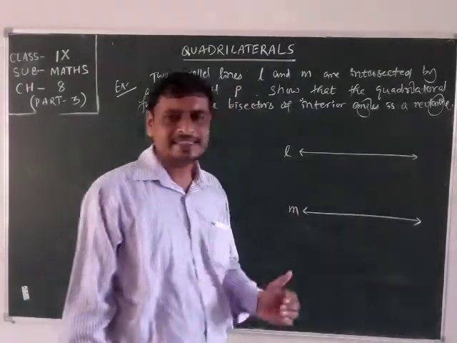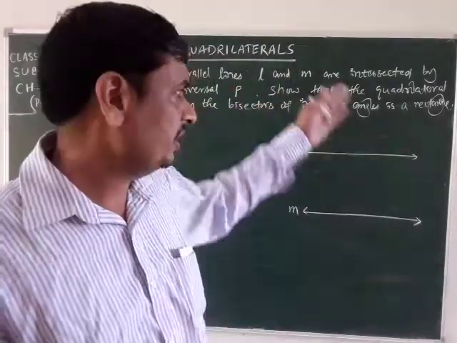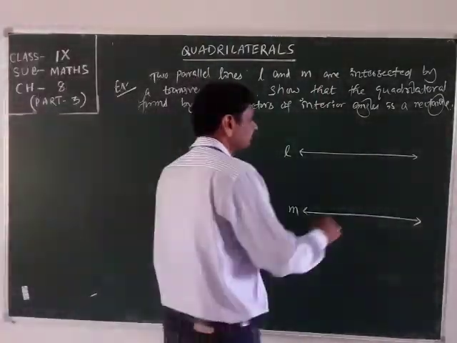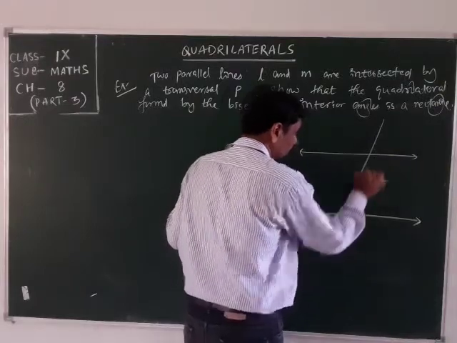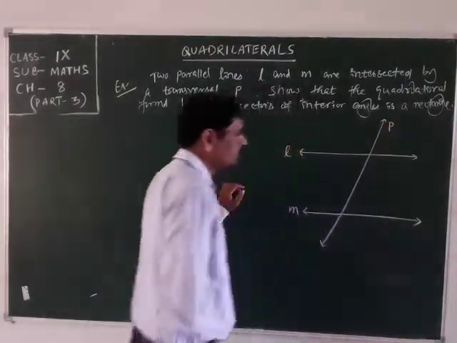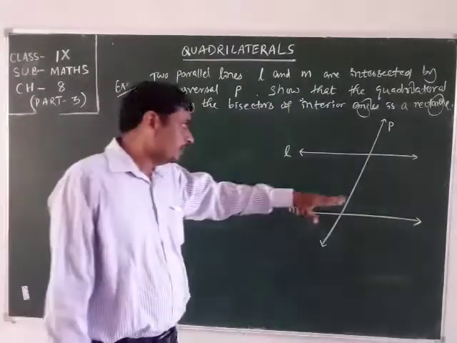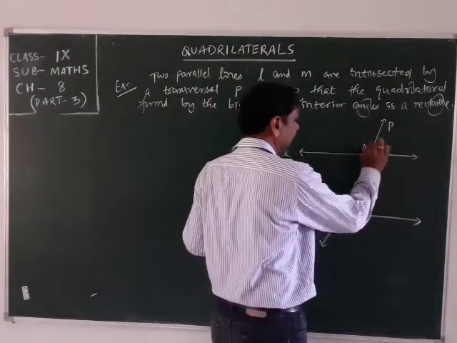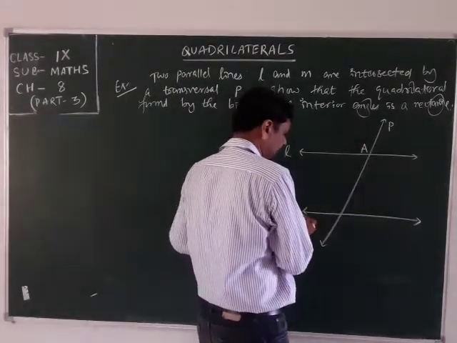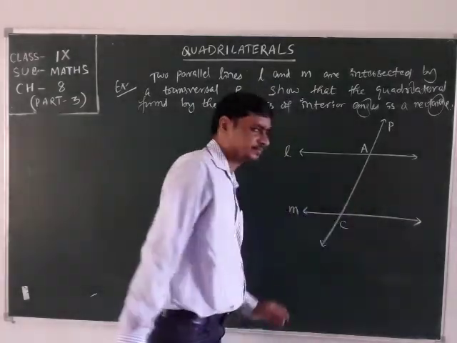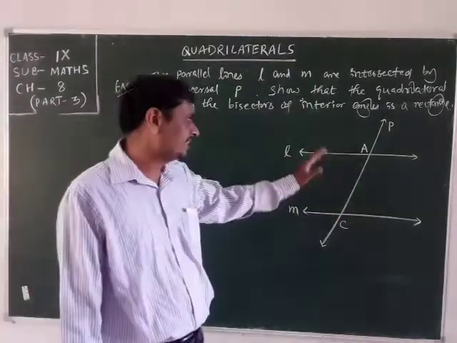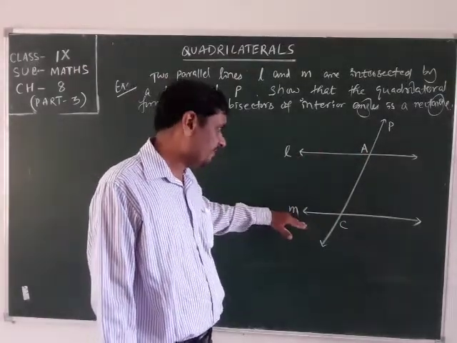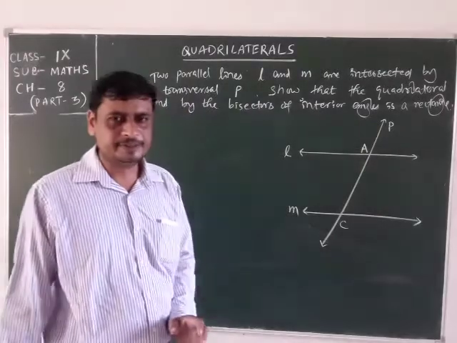Both lines are intersected by a transversal P. This transversal P intersects line L at A and line M at C. Let the points of intersection of the transversal with line L and line M be A and C respectively.